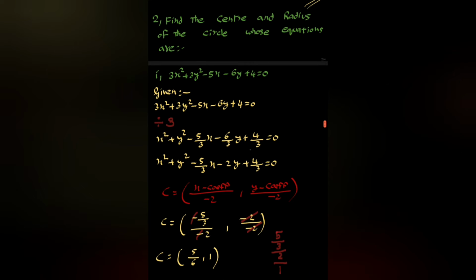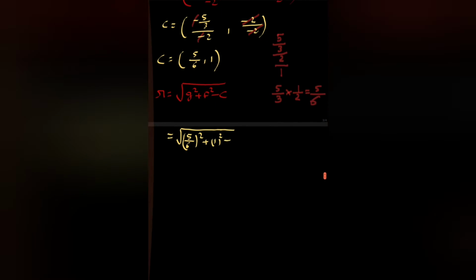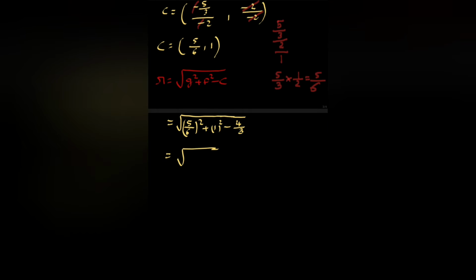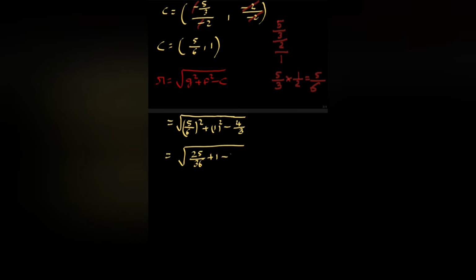So c is the constant, that is 4 by 3. So root over 25 by 36, 1 square it is 1 minus 4 by 3.